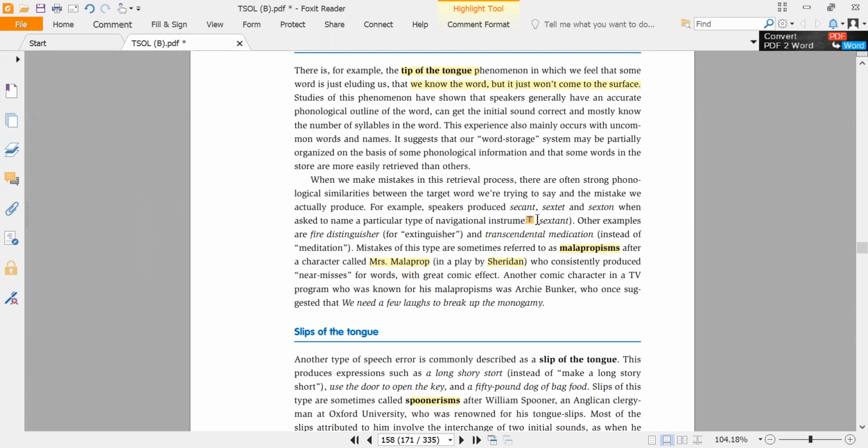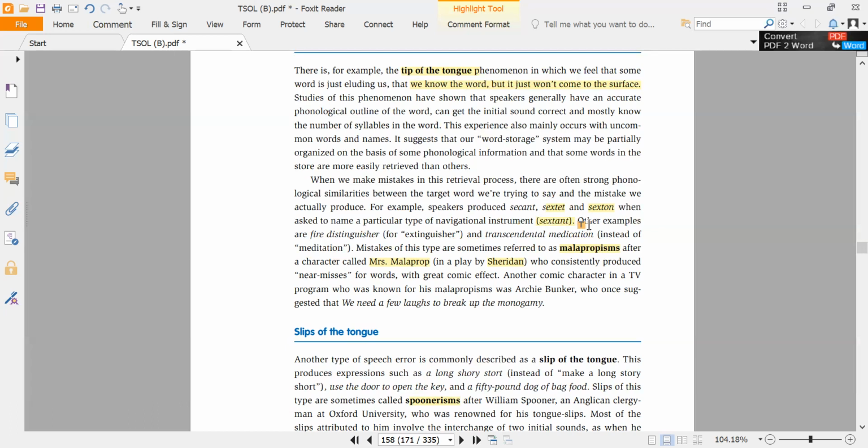Sextant, right? People produce different words for this word sextant, such as sext, right? These were the words which were produced by people instead of the word sextant. Actually, they wanted to produce the word sextant, when they were asked to produce it.